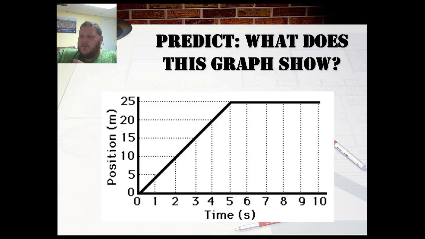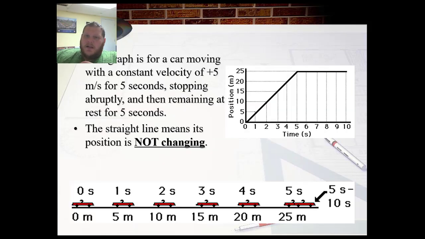So here, if I'm telling you this is the motion of a car, you could say, all right, for the first 5 seconds, the car is moving at a positive velocity of 5 meters per second, and then it stops and stays there for the next 5 seconds. A straight line just means a constant velocity. What it should say here is a horizontal line means the position is not changing. So in this case, the car would be stopped for those 5 seconds.